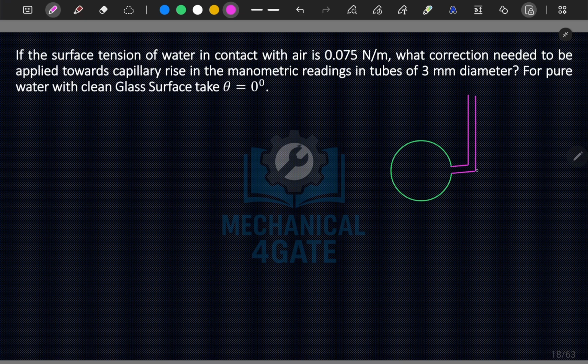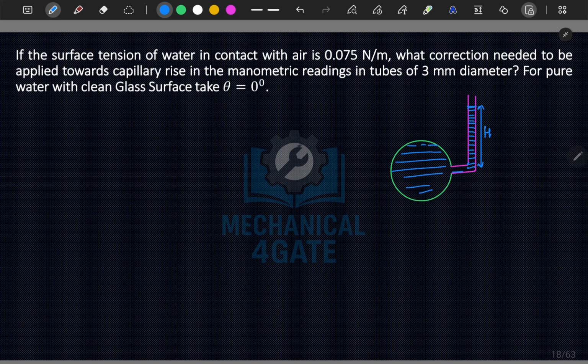This is your manometer. Now the liquid filled inside this will rise to a height, let's say up to here, here also. Let's say this is your height h. This is your piezometer height.